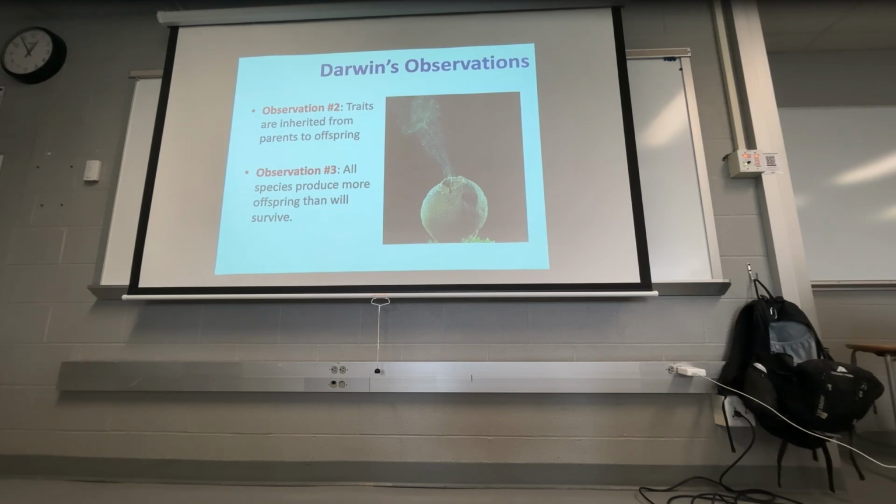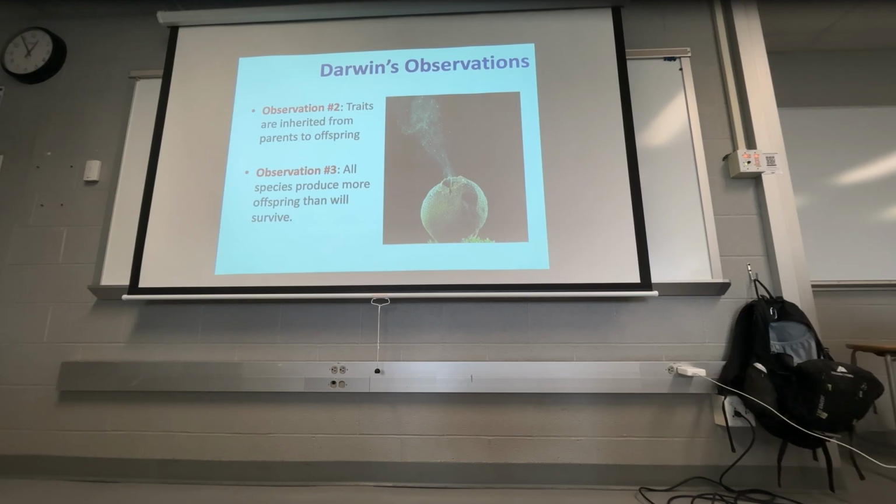Number 3, all species produce more offspring than survive. We're talking about the population now, right? No matter how slowly a population reproduces, it reproduces. Eventually, it'll reach a size that is too big for all of them to survive. We're pushing it ourselves, right? As far as the human population goes.